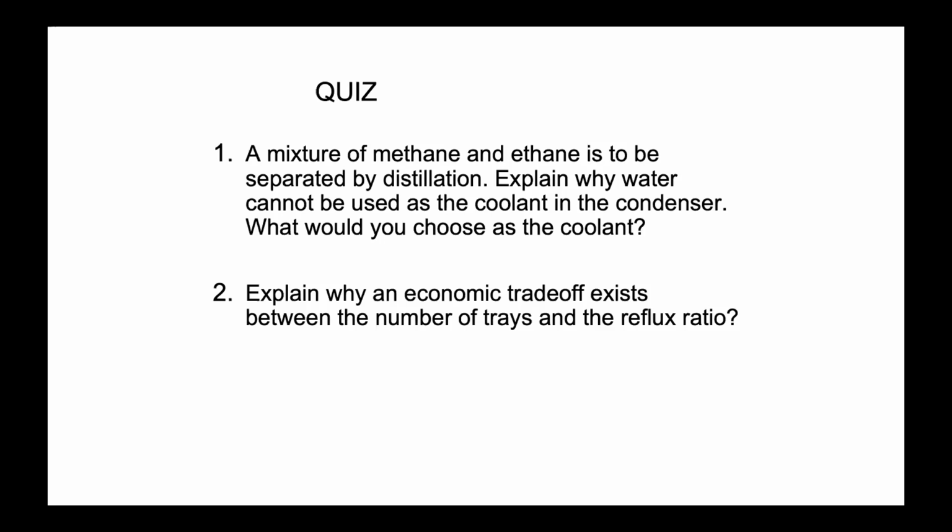But if you lower the number of trays, then you have to increase the reflux ratio, which increases the operating cost for heating the reboiler, cooling with the condenser, and also the pump. That's why there is an economic trade-off.